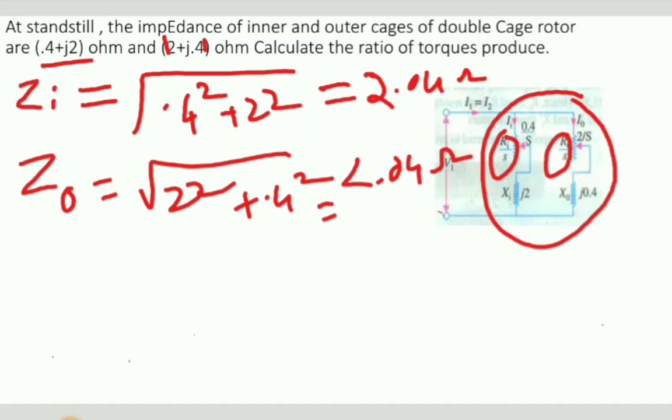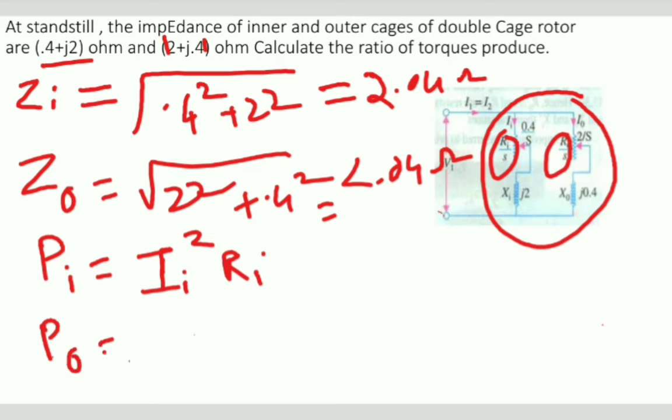After finding the impedance, let us keep it aside. Then what could be the power input to the inner cage? In terms of copper loss, Pi is the inner cage current squared times the inner cage resistance, and Po will be Io squared times Ro.